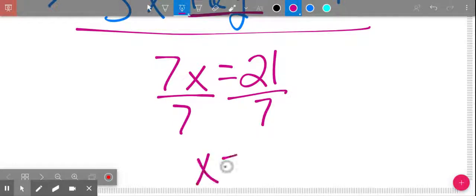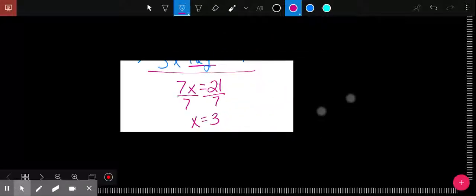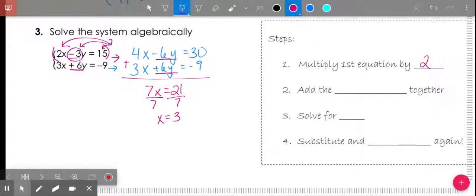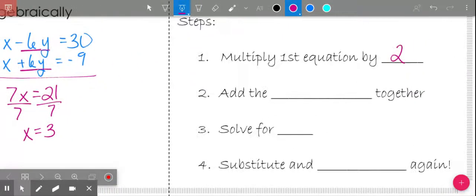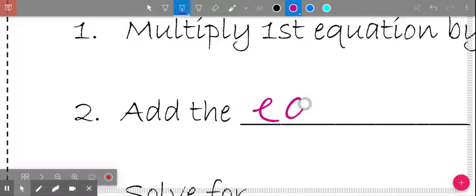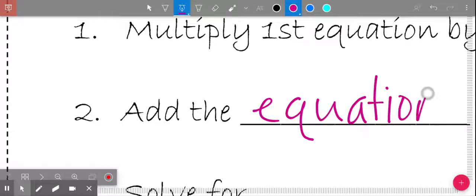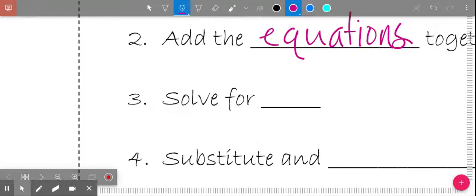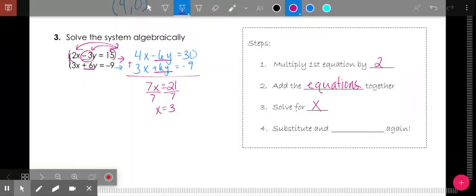And we'll have x is equal to 3. So that was step 2 and 3, my bad. Add the equations together and solve for x. Now, sometimes you're solving for y. It doesn't matter what you're solving for.